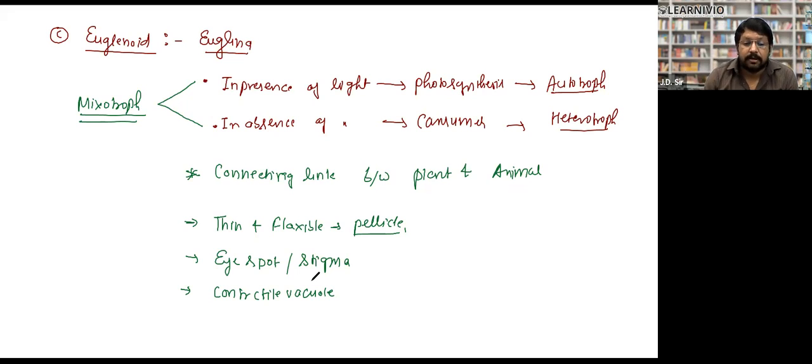Next point. Food reserve is carbohydrate. One last point. Reproduction takes place by binary fission.